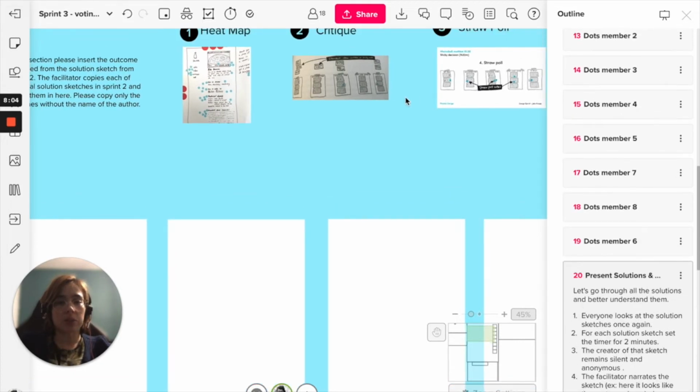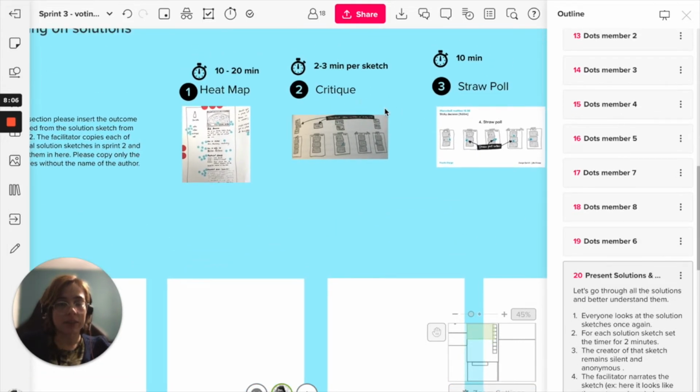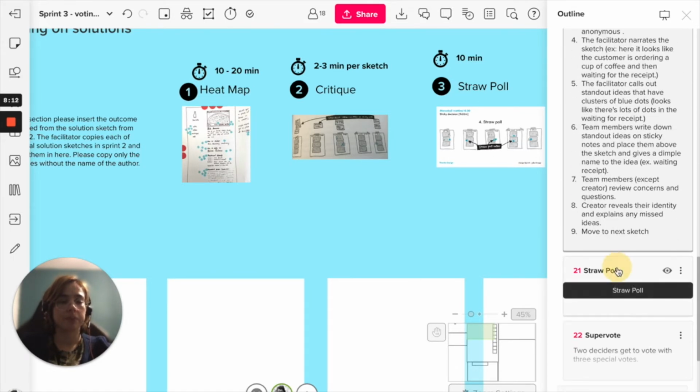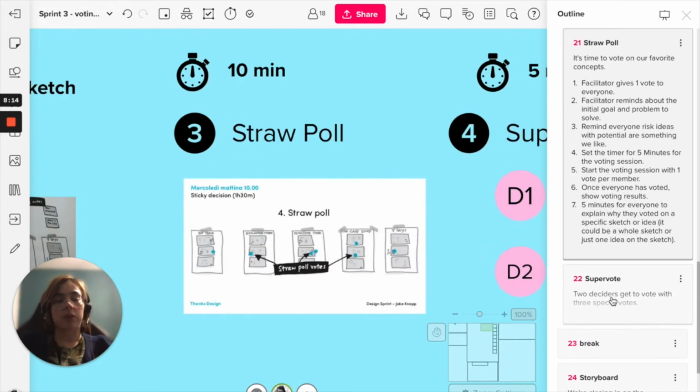Once you finish with this second voting activity, you go to the third voting activity, which is the straw poll. The aim of the straw poll is to vote on the favorite concepts. The facilitator is going to give one vote to every member.